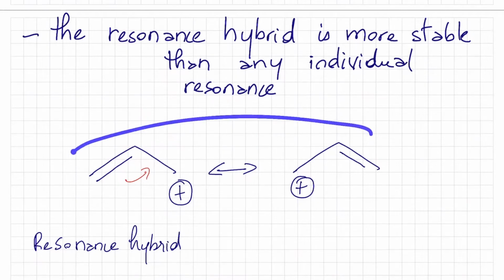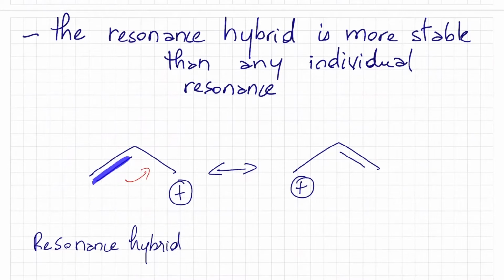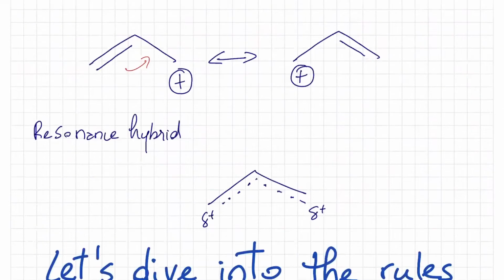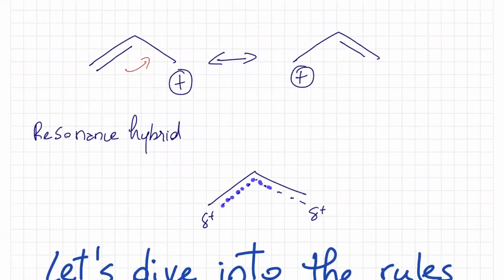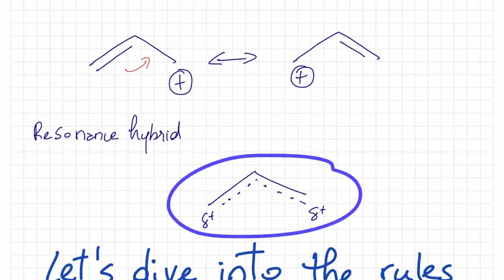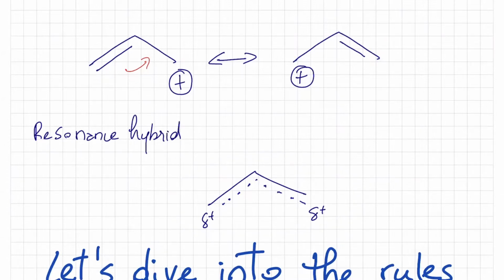For example, look at this compound here, where we can push this pi bond to the other side, right? But the real structure is actually an average of them all, where both carbons can have a partial positive charge. Okay, it's something to keep in mind. They call this a resonance hybrid, but okay, not really our main focus right now.